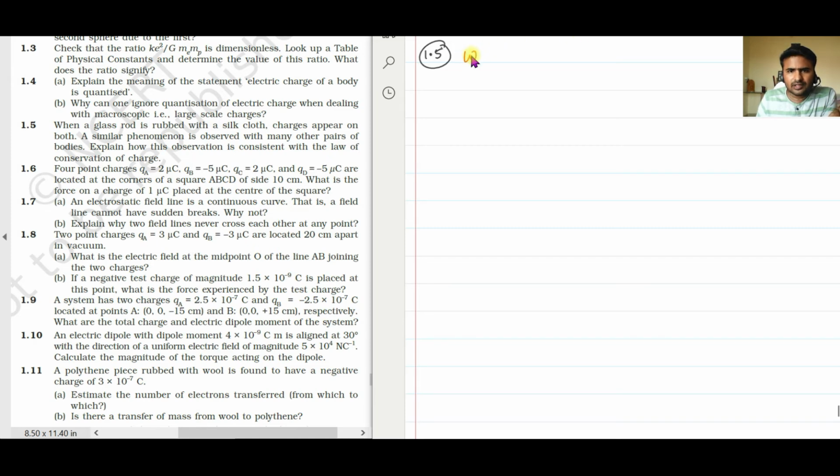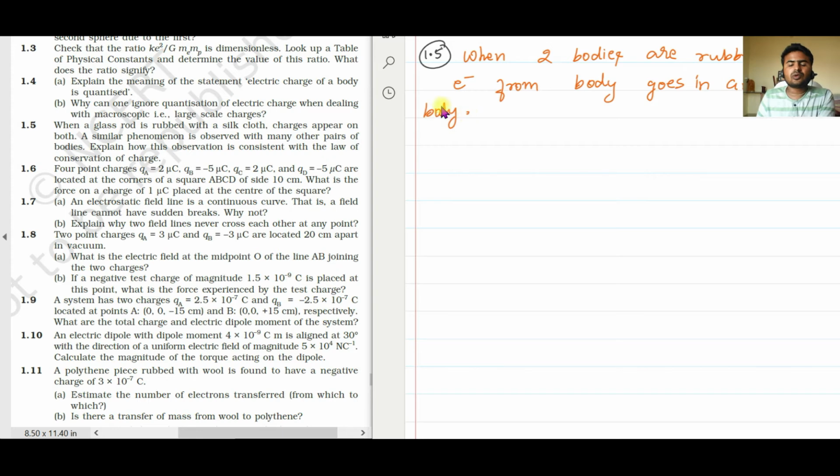when two bodies are rubbed, the electrons from one body go into another body. Whatever is the number of electrons that the body loses, the same number of electrons goes to the other body.